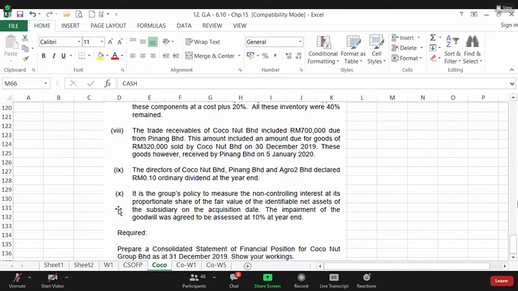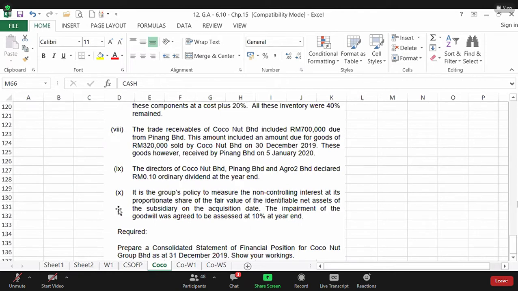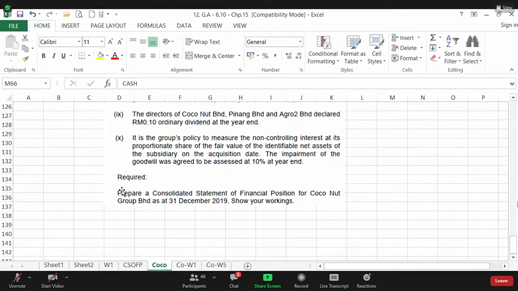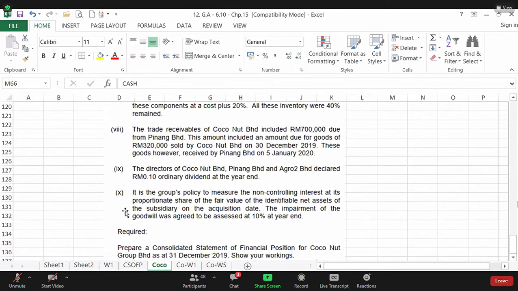Where is the option? Last Roman is measure NCI at proportionate.